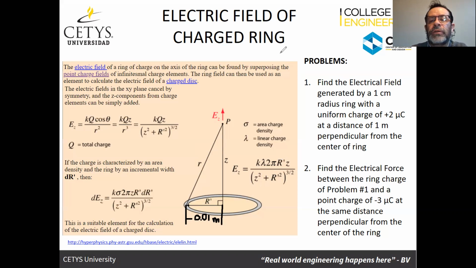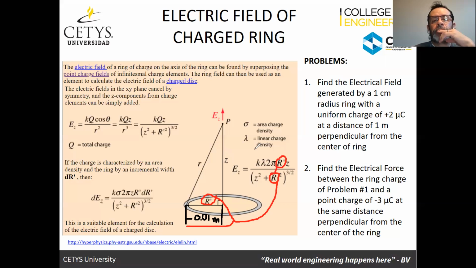Let's use different colors here so we can mark them. So the radius, which is this element here, they're calling it R prime in this slide, just so I'm not confused because there's a 2 there. So this R prime is this one here, and it is 0.01 meters.